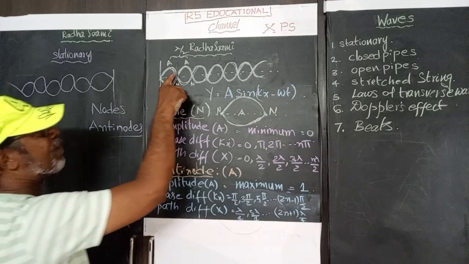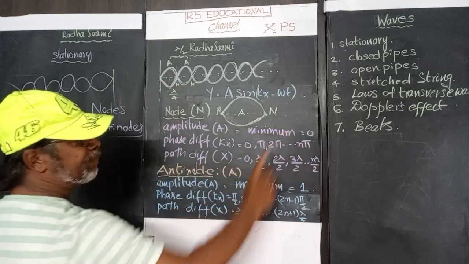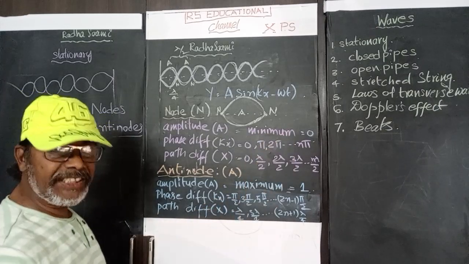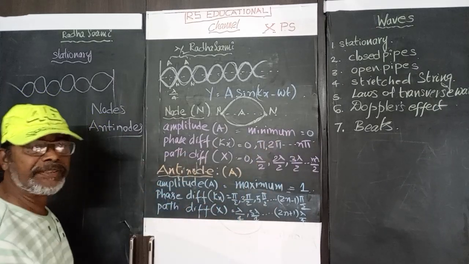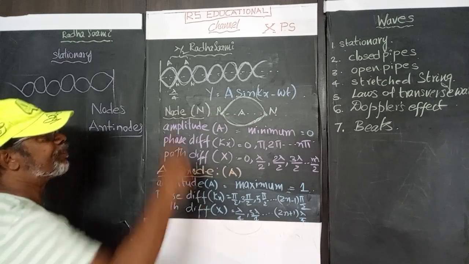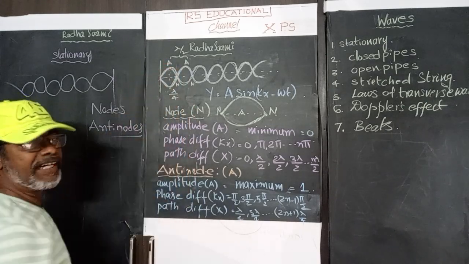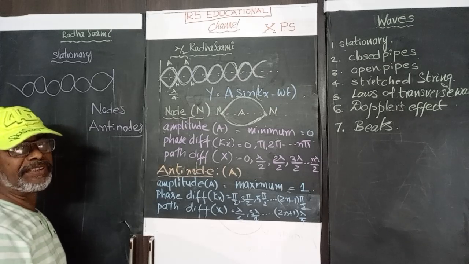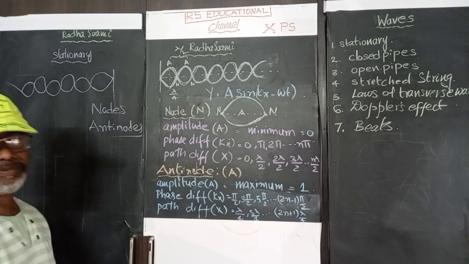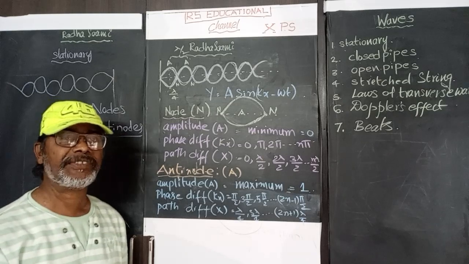So the amplitude of a node is minimum. If it is 0, then we will see what happens. And these points having the highest amplitude are called antinodes.